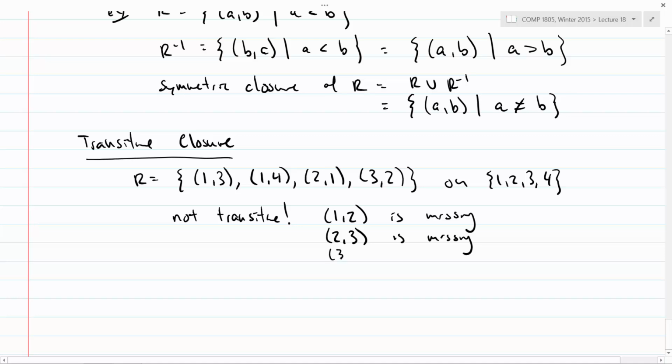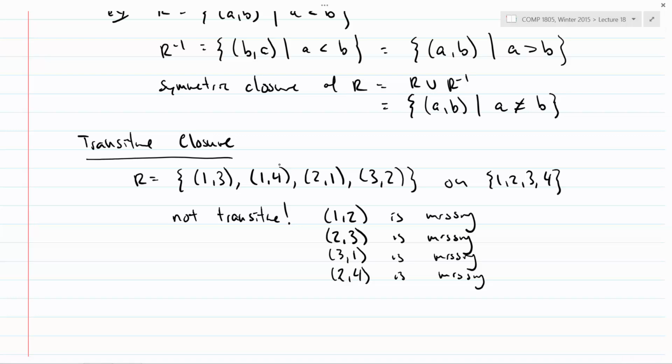Right, so 3, 1 needs to be there, but it's not. Anything else? There's one more. Yeah? 2, 4. So 2, 4 is missing, and that comes from 2, 1, 1, 4. So those are the 4 things that are missing from this relation.